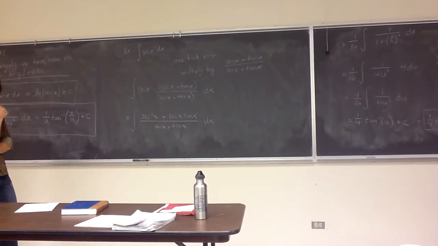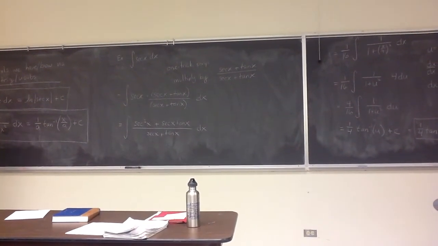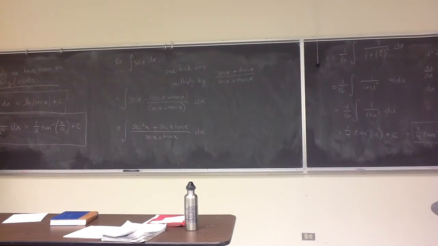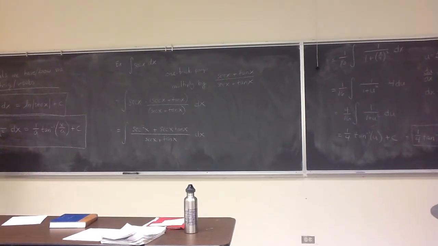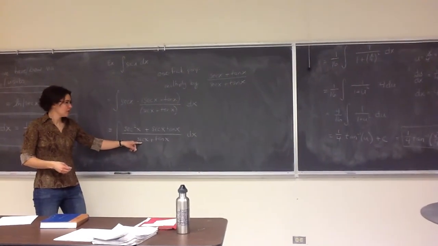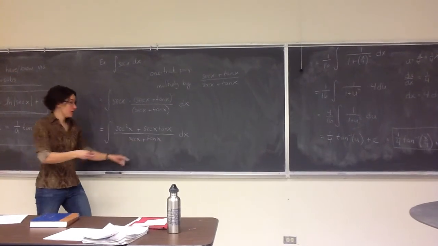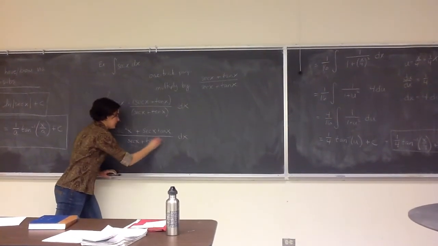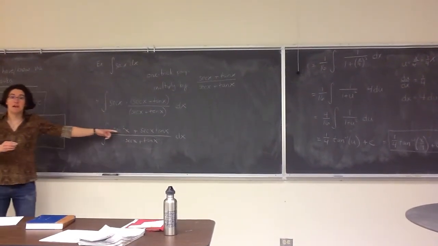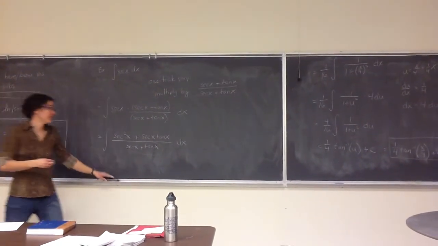Thinking about derivatives, when I look at that denominator, the derivative of secant x is secant x tangent x. The derivative of tangent is secant squared. So the derivative of my bottom is exactly what's on the top, which tells me that this is a really good candidate for a u substitution.